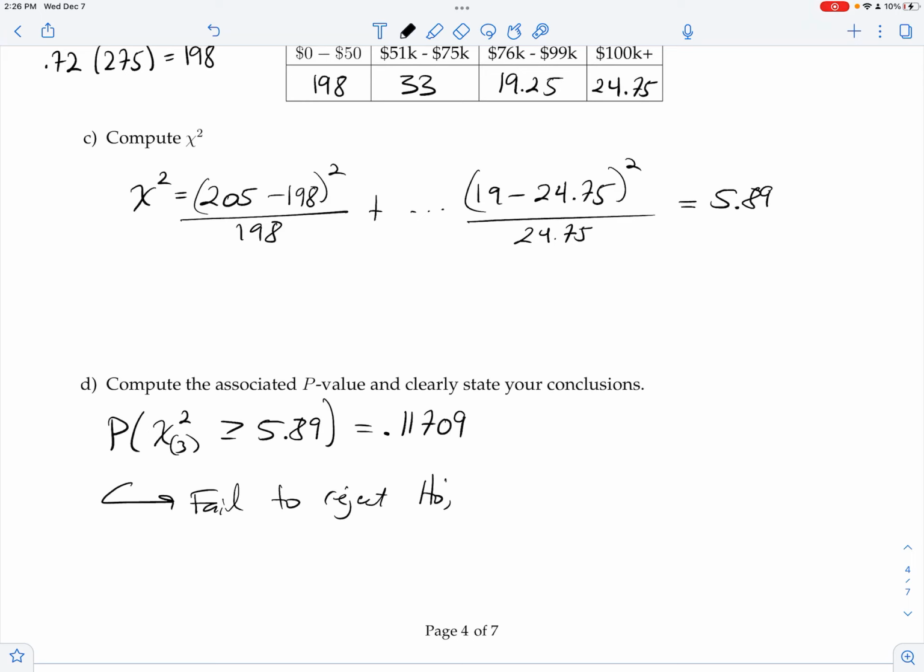It means that the data does not provide evidence of income bias on the jury. There may be income bias, but it's not provided by this data.